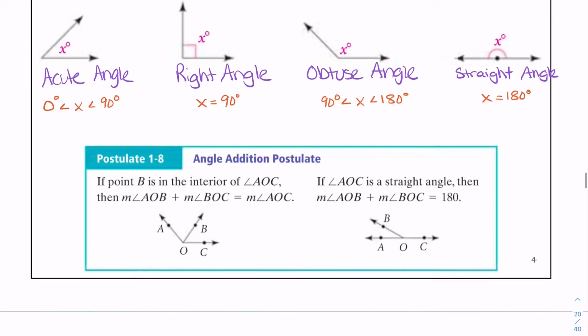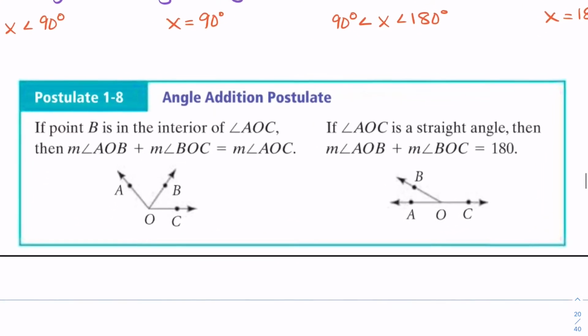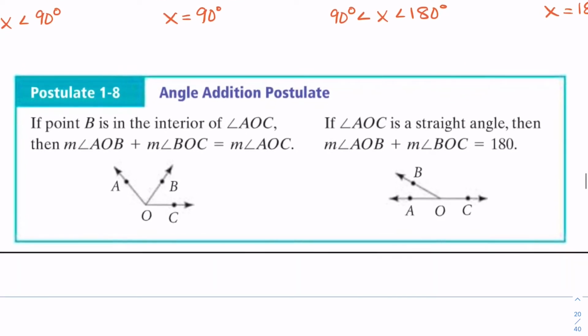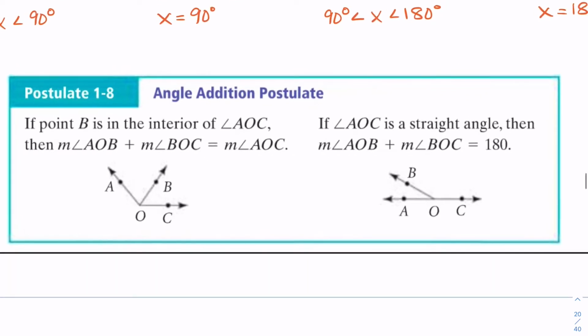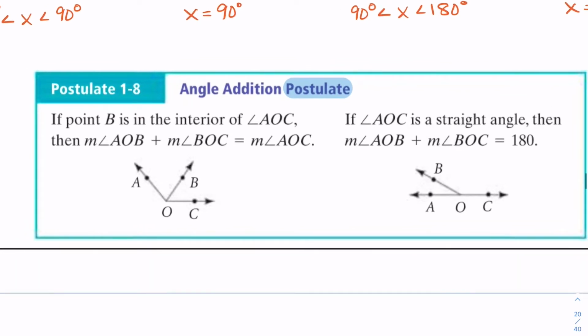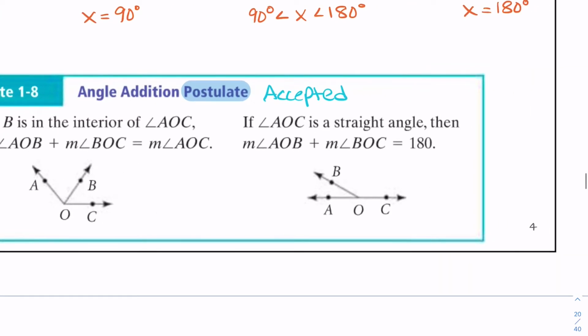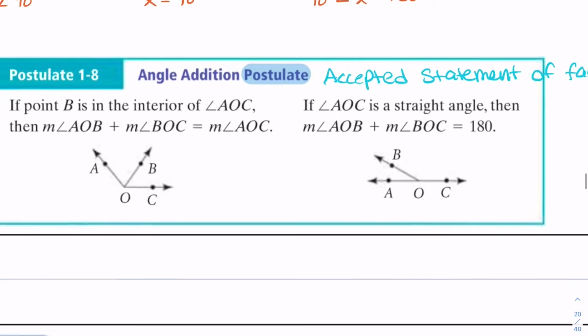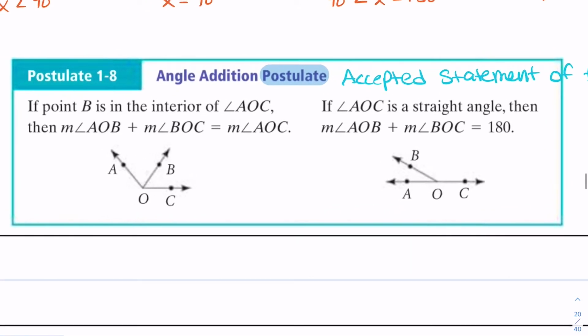All right. So the next thing we're going to focus on is the angle addition postulate. Remember what a postulate is? It's an accepted statement of fact. So we're going to accept this as fact.